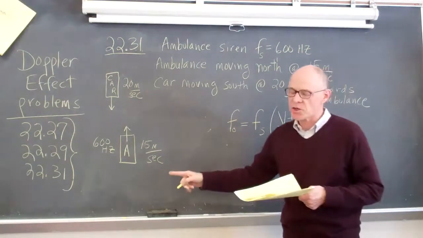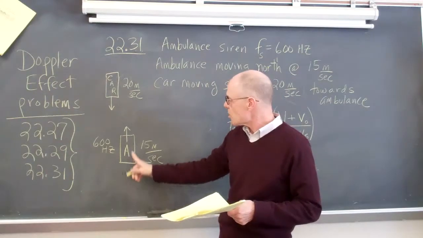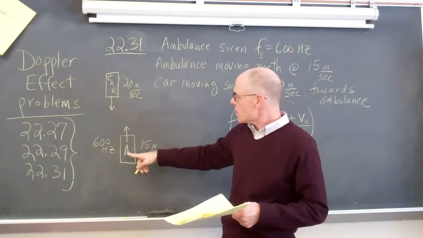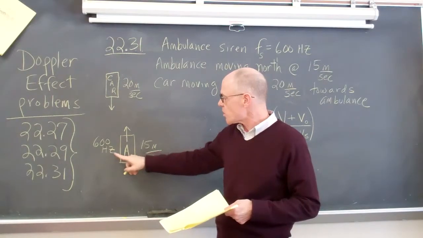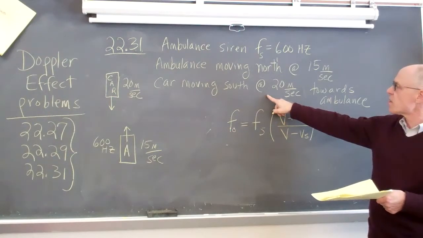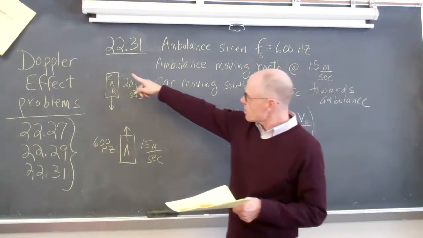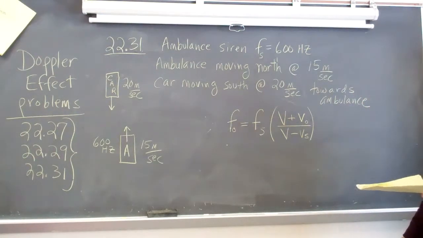Sometimes a sketch helps to visualize what's going on. So you have an ambulance moving north, sounding its siren at 600 hertz, moving at 15 meters per second, and a car moving south, approaching the ambulance at 20 meters per second.